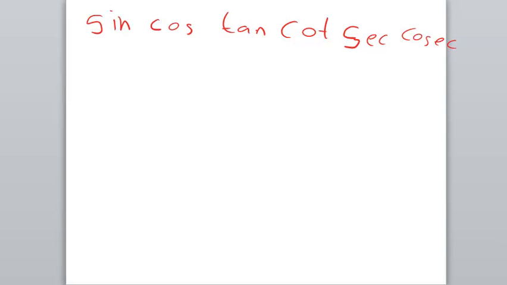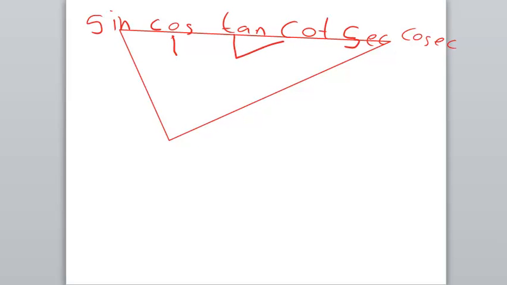For example, sine is opposite cosecant, cosine is opposite secant, and tangent is opposite cotangent. You must know this to make your life easier, and trigonometry will get much easier.